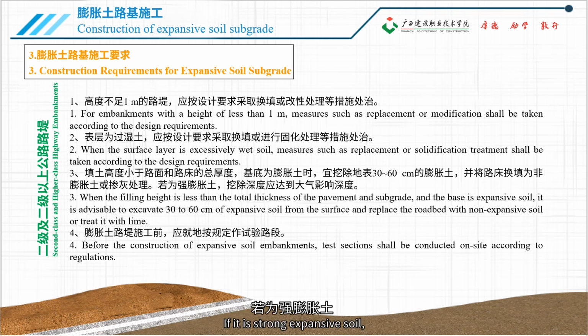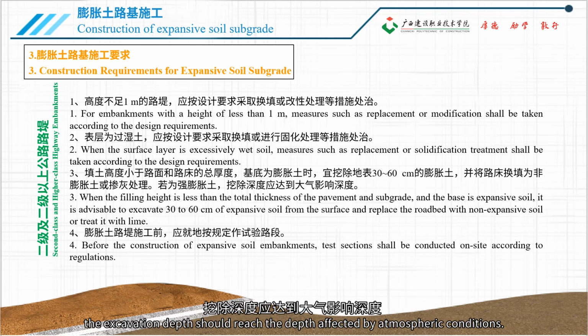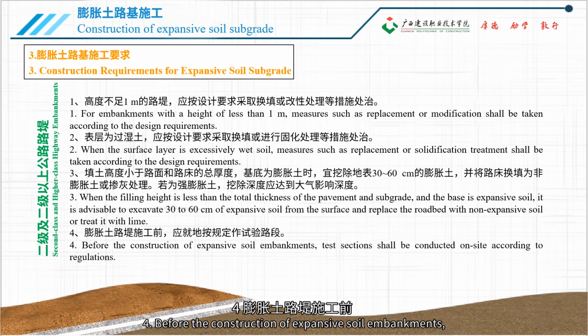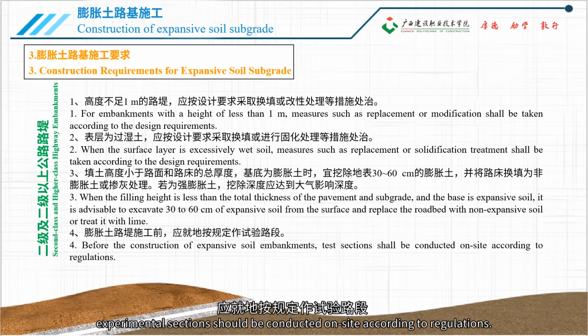If it is strong expansive soil, the excavation depth should reach the depth affected by atmospheric conditions. 4. Before the construction of expansive soil embankments, experimental sections should be conducted on-site according to regulations.